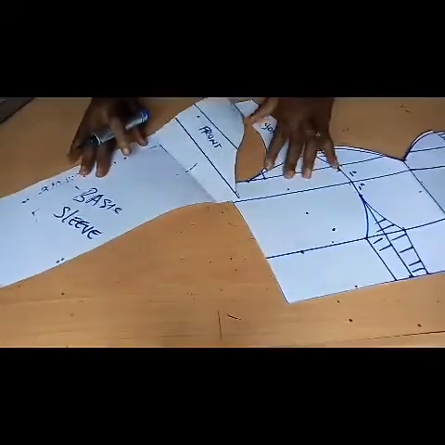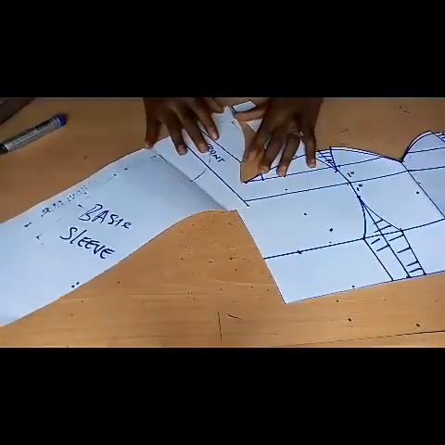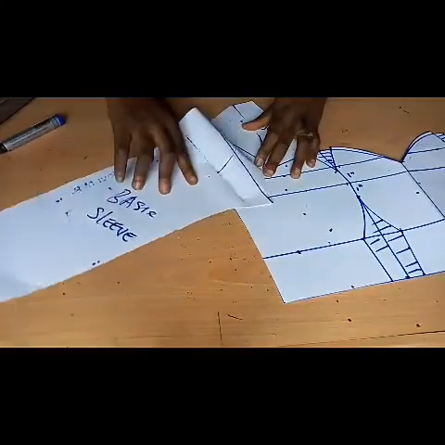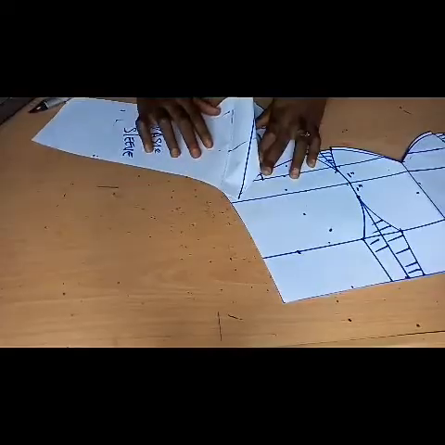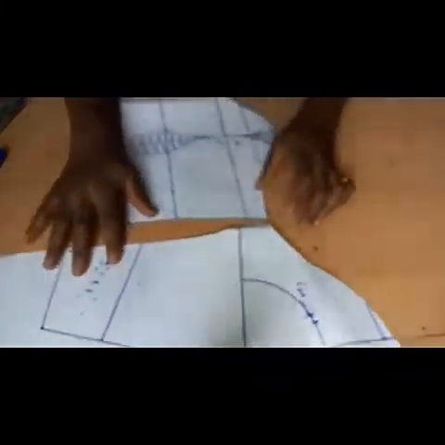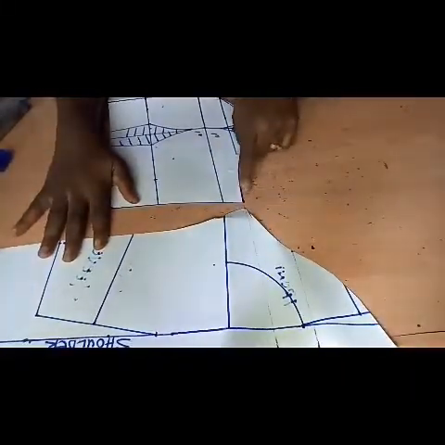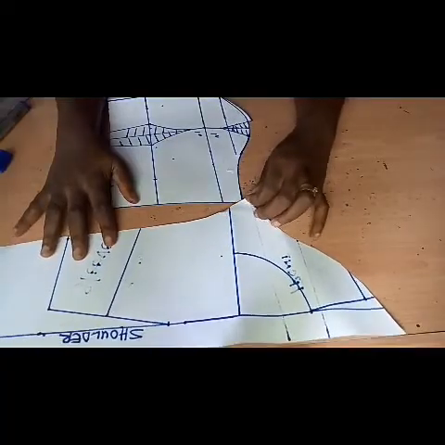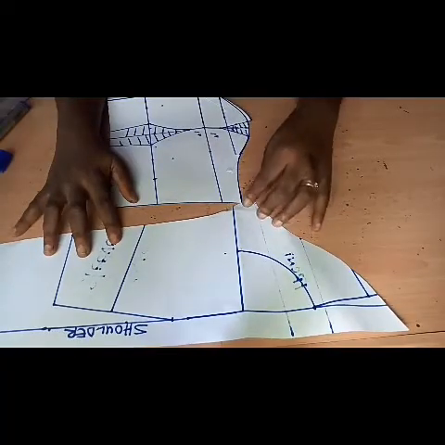Let me use this part to show you. When you are fixing this sleeve, for the part that has the shoulder, it will go this way and come out this way. Can you see? But on this part right now, this is what we have here. So this is the part of the armhole part. Okay, and remember we came up by a 0.5.